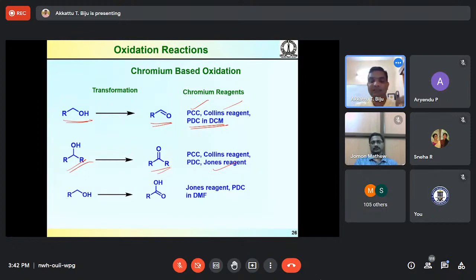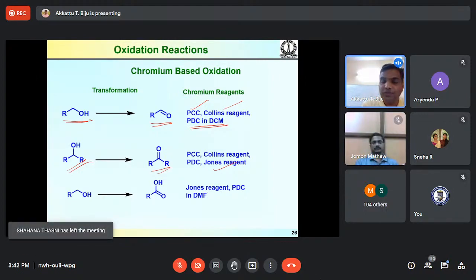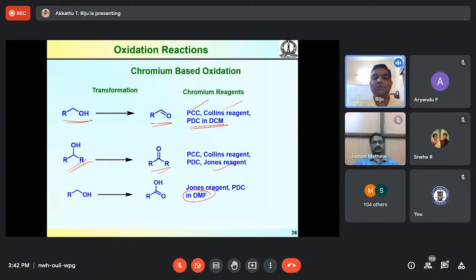And if we use PDC in DMF, the DMF solvent is always associated with traces of moisture, which will do the further oxidation of the aldehyde generated to convert it into the over-oxidized carboxylic acid product.